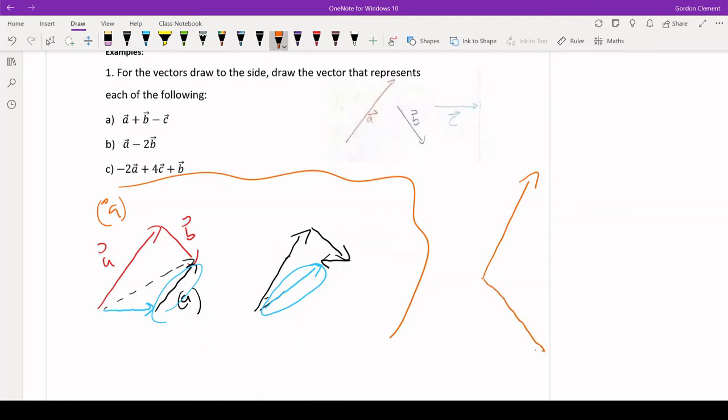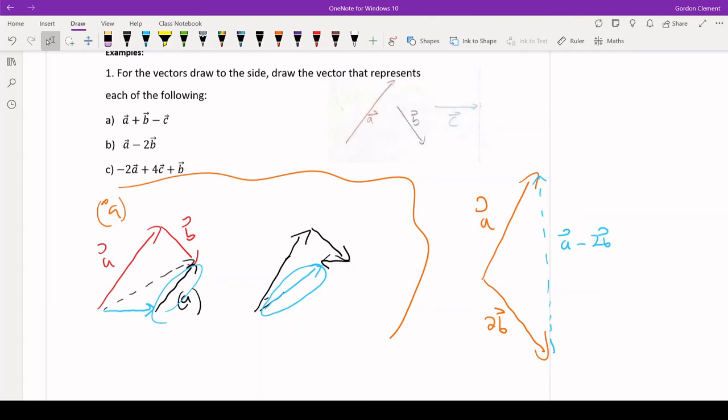So there would be A, there would be 2B, we'll say, twice as long, same direction as B above. And then if I connect from 2B to A, that would be A minus 2B there.